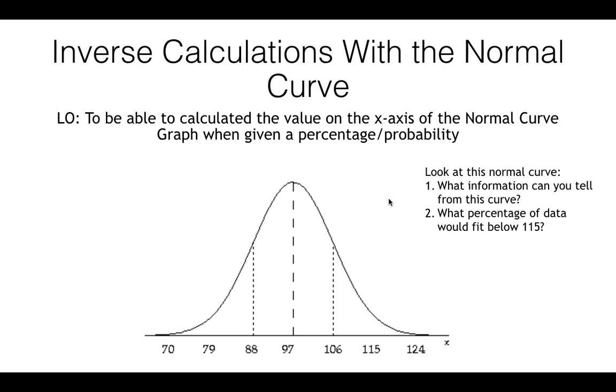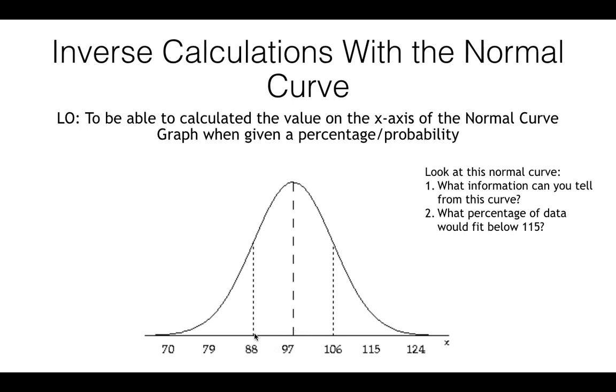Okay, so the information that you can tell from a normal curve, you should have reminded yourself that this number here is the mean, the middle value. That should be at the highest peak of your normal curve. It should also be the median and the mode, so it should be mean, median and mode.